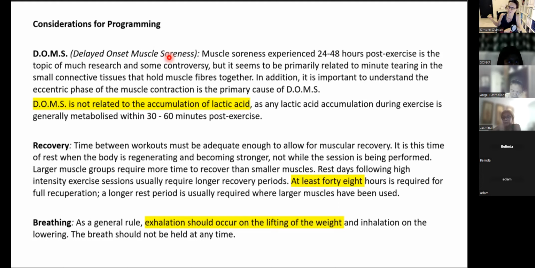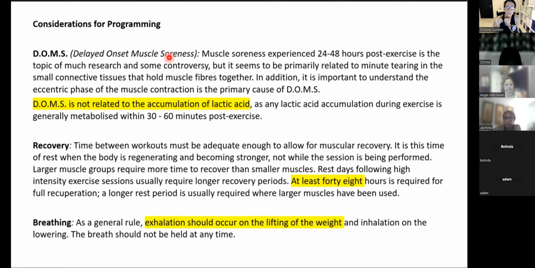Let's say this is really heavy. Your heart rate is not necessarily very, very high. So you might still be in your aerobic heart rate zone, but you still have a lactic acid accumulation in your blood because of the muscle stimulation.